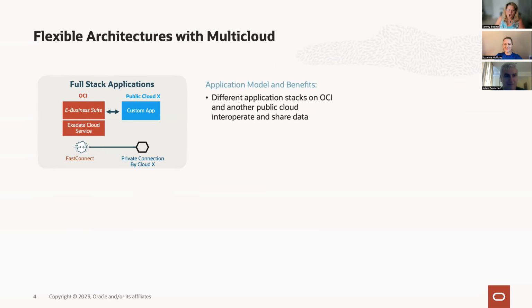And today, of course, we're talking about multi-cloud. There are lots of flexible architectures with multi-cloud, where you can run full stack applications within Oracle OCI, Oracle Cloud Infrastructure, or another public cloud, and then share or exchange information between them through the networking.